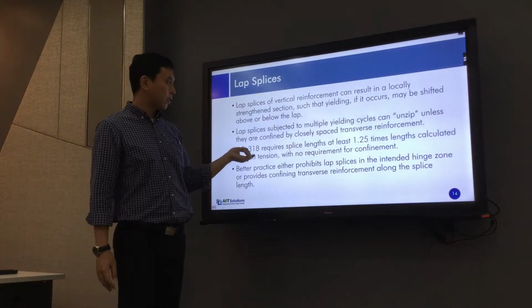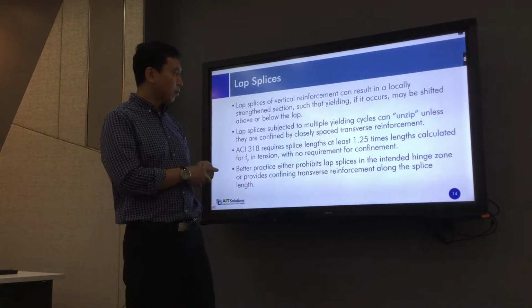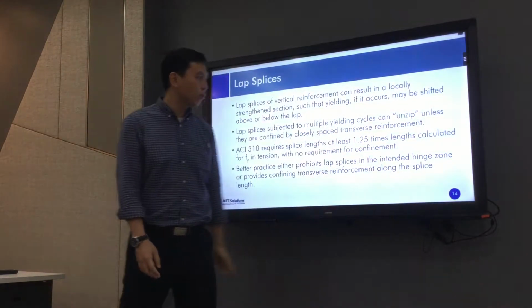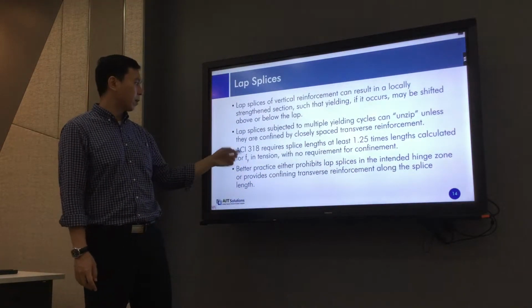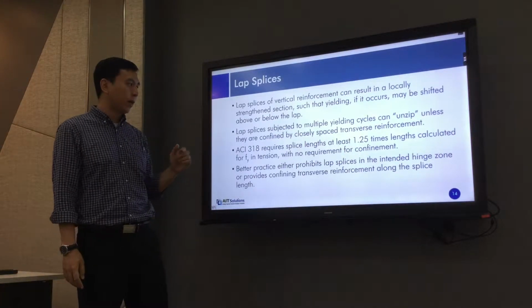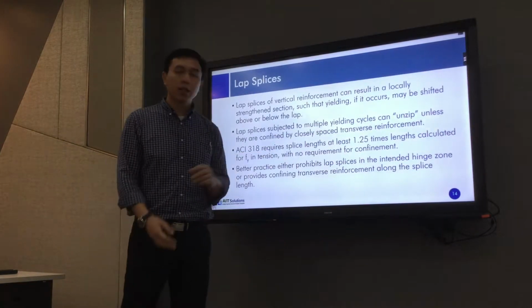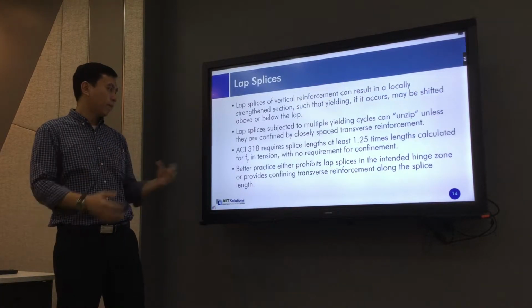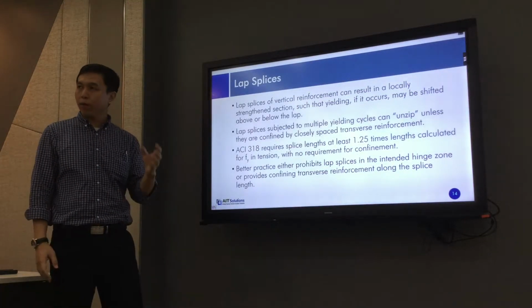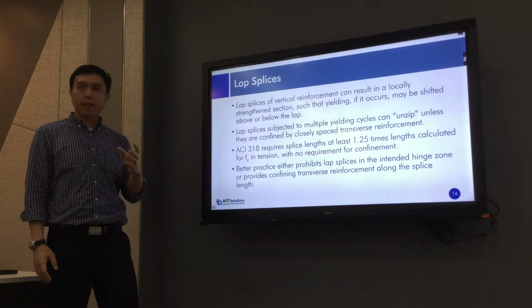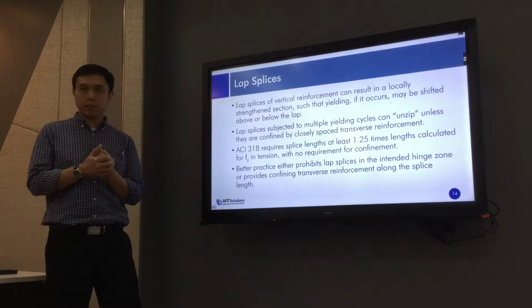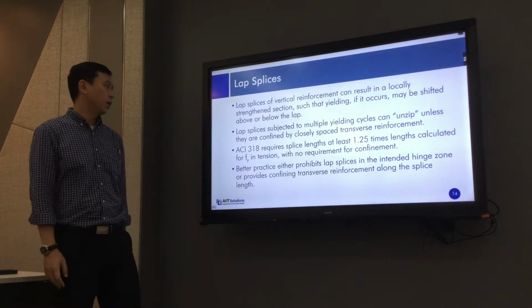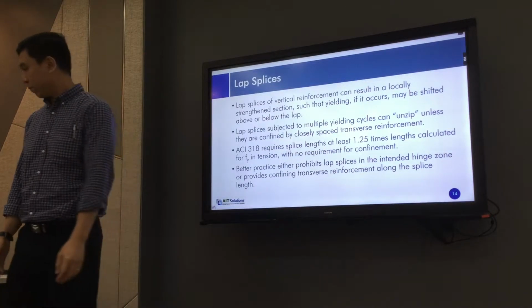In ACI 318, it suggests that the lap splice should have 1.25 times the length required by fy in tension, but it doesn't suggest any confinement in the lap splice zone. But as good practice, we have to provide good confinement when you have lap splices, although the code doesn't recommend it.